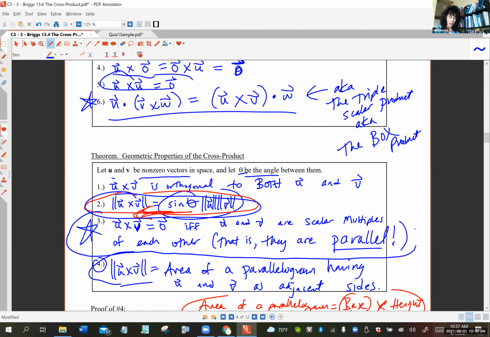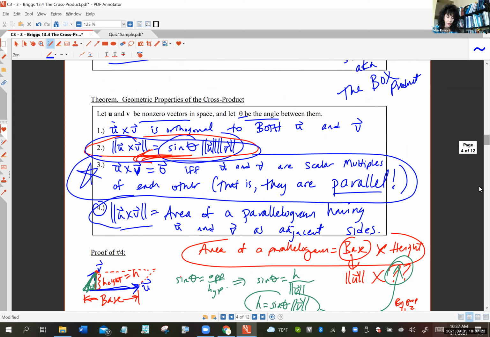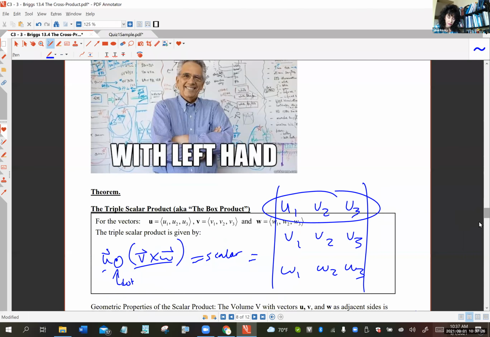Number 3 in the geometric properties of the cross product. If u cross v is the 0 vector, then you're guaranteed that those 2 vectors are scalar multiples. Means they're parallel. That's how you can tell if points are collinear. Okay, that's just an alternate way, but it only works in 3D, so it's limited. Okay, fine.